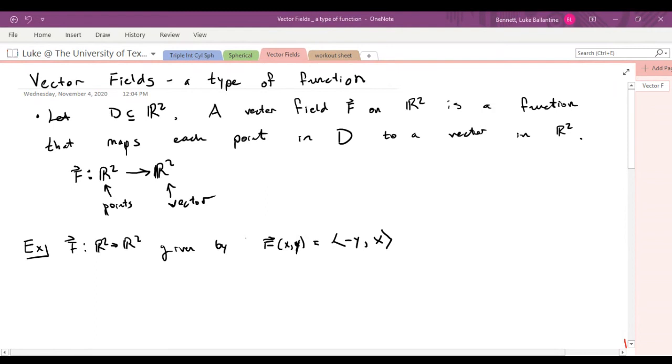A vector field on R2 is a function that maps each point in D to a vector in R2. We denote it capital F, and I use the vector notation as a hat. So this new function, capital F, maps points from R2 to vectors in R2, or points in R3 to vectors in R3, or points in Rn to vectors in Rn.